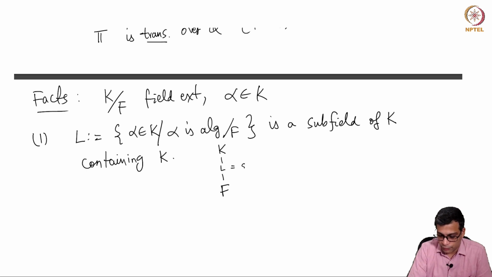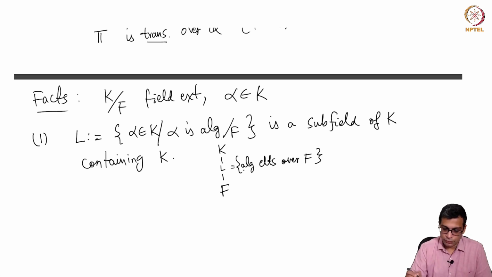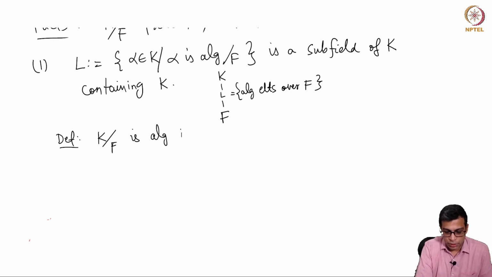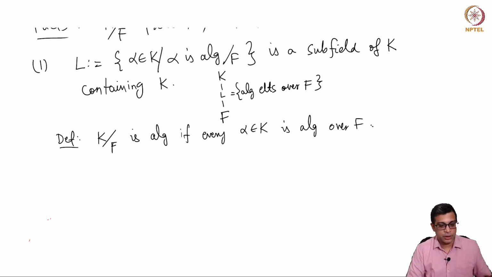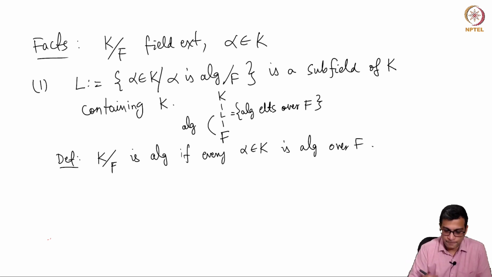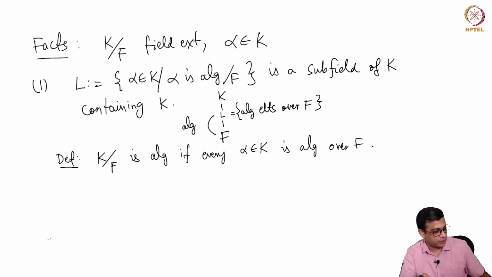So this is the set of algebraic elements over F. Okay, so we say that by definition, the field extension itself is algebraic if every alpha in K is algebraic over F. So this L in particular is an algebraic extension, because everything in L is by definition algebraic over F.